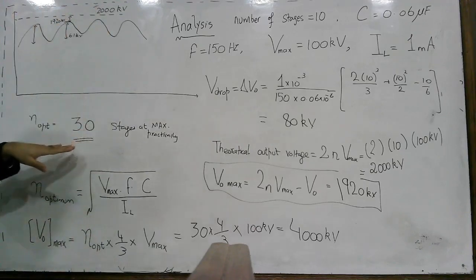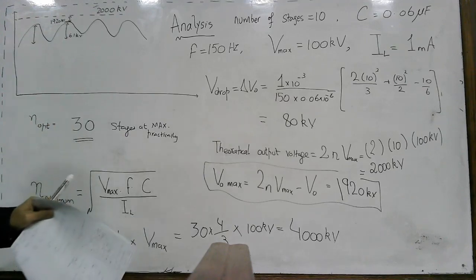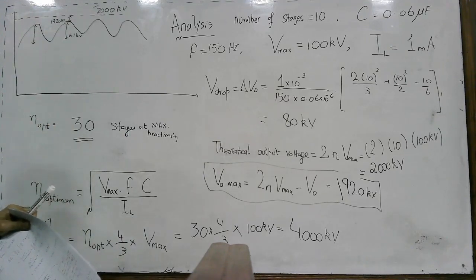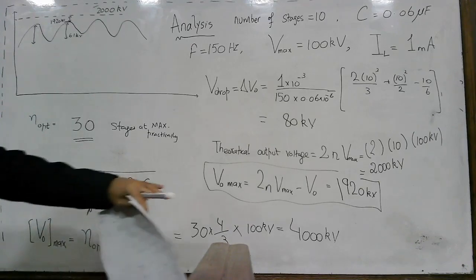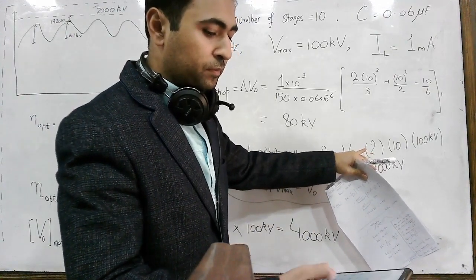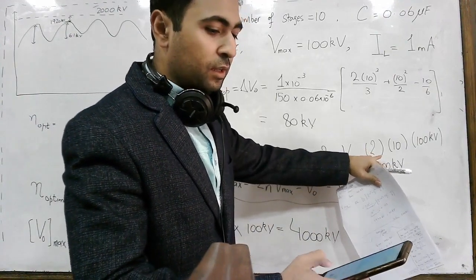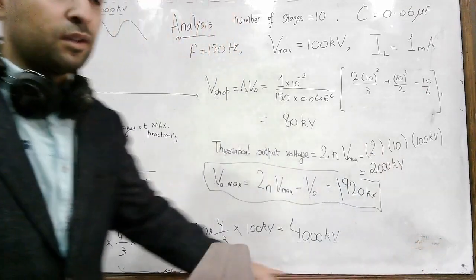Now if we go with the 30 stages, what should be the theoretical value of the voltage? It can be calculated by 2 into 30 into 100, which comes out to be 6000 kilovolt.